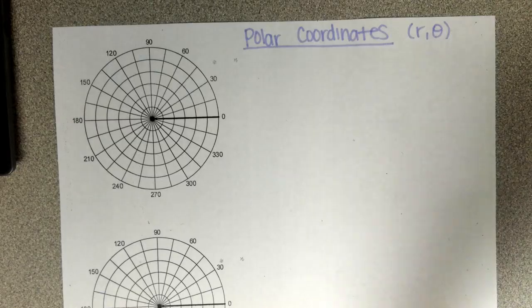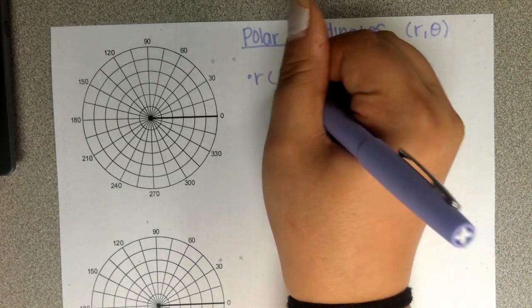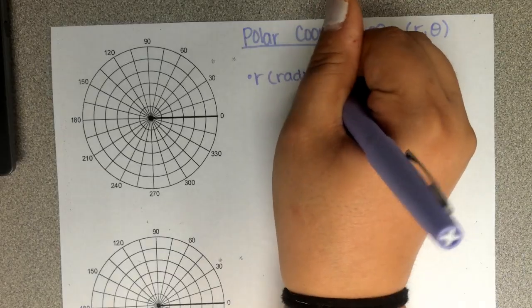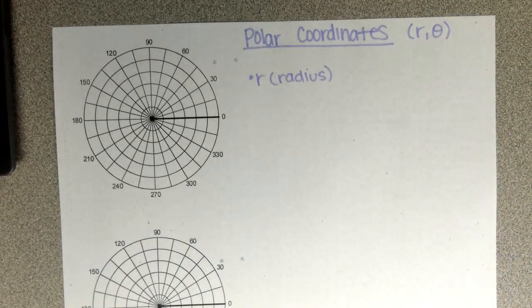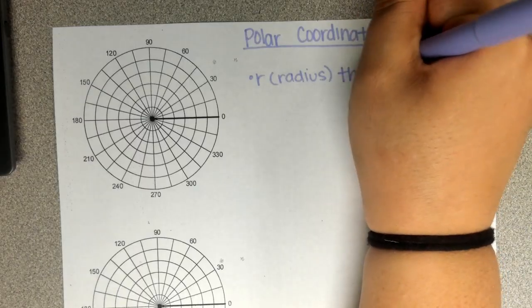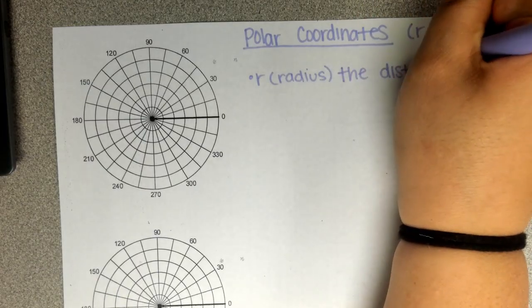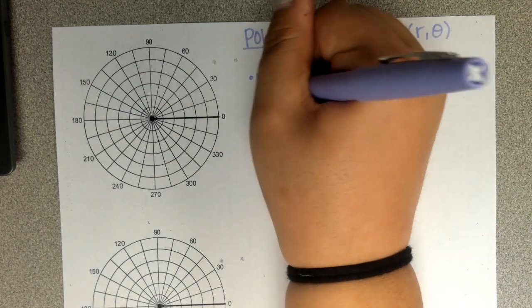So R, which is the radius, is the distance from the pole.